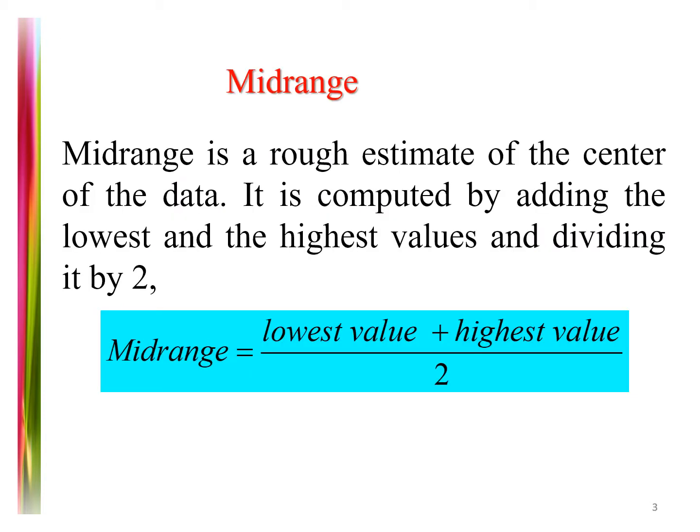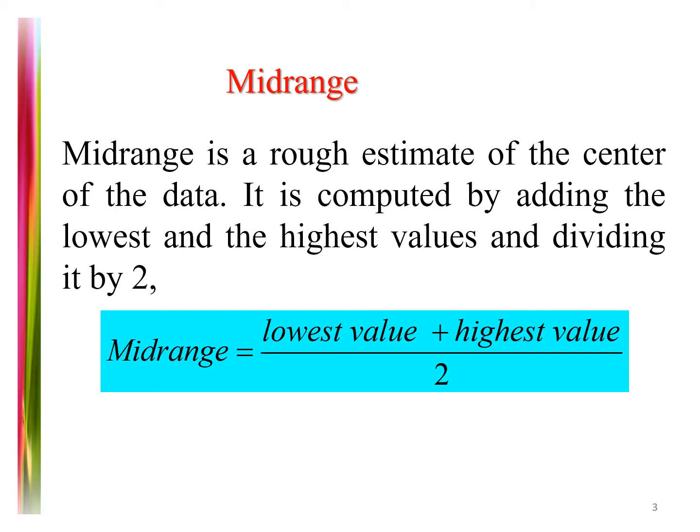Okay, so next one, mid-range. Mid-range is a rough estimate for the center of the data. It is computed by adding the lowest and the highest value and dividing by 2. So maximum value plus minimum value divided by 2 is equal to the mid-range.